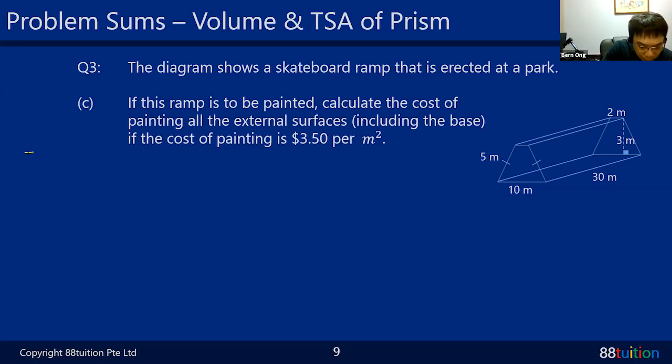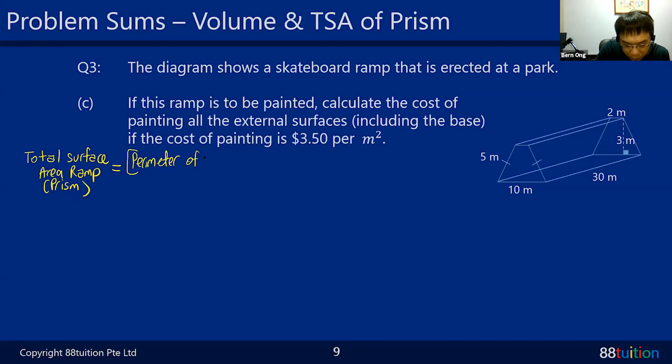This is a prism. So I can write total surface area of ramp, which is a prism, is equal to what? The formula: perimeter of cross section times the depth or the height.